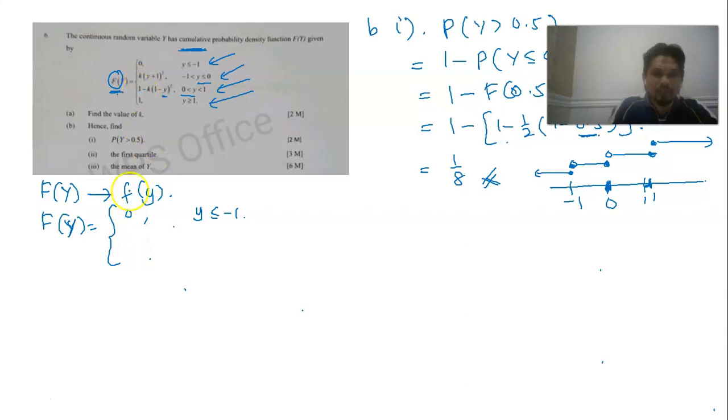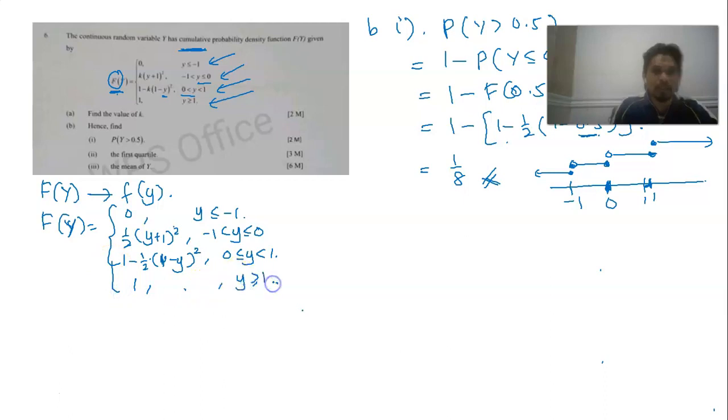K is 1 over 2, so 1 over 2 times (y plus 1) squared for y between -1 and 0. And then 1 minus 1 over 2 times (1 minus y squared) for y between 0 and 1, and then 1 for y greater than or equal to 1.